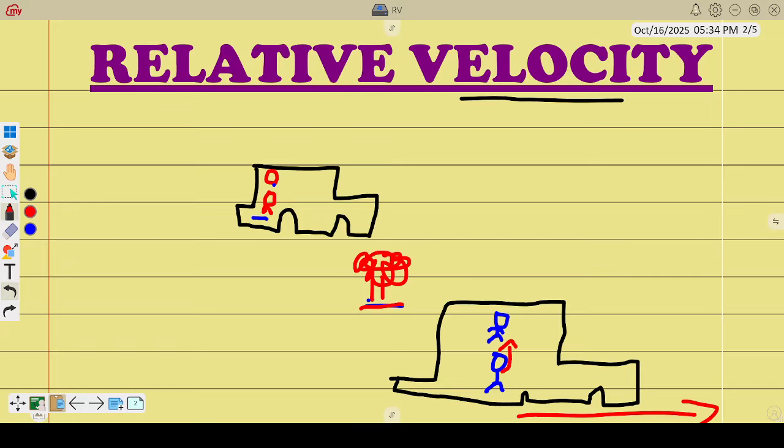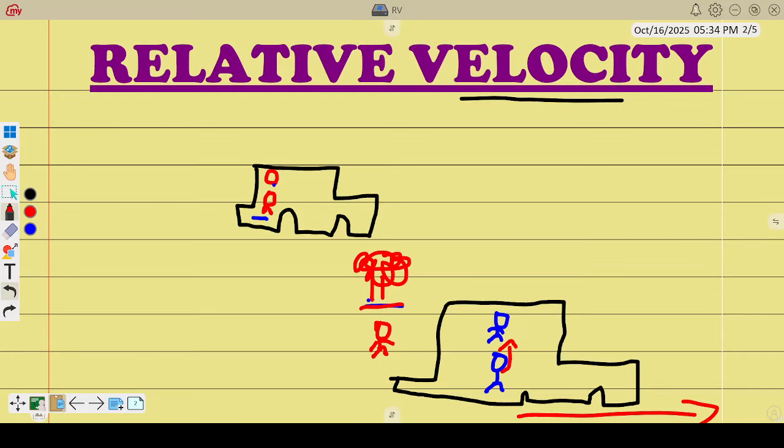Now, what I was trying to ask you here is, when this person is looking at the tree, it looks like the tree is going backwards. That's how it looks. But what if this person is looking at the friend here? Will the friend look like they are also going backwards?